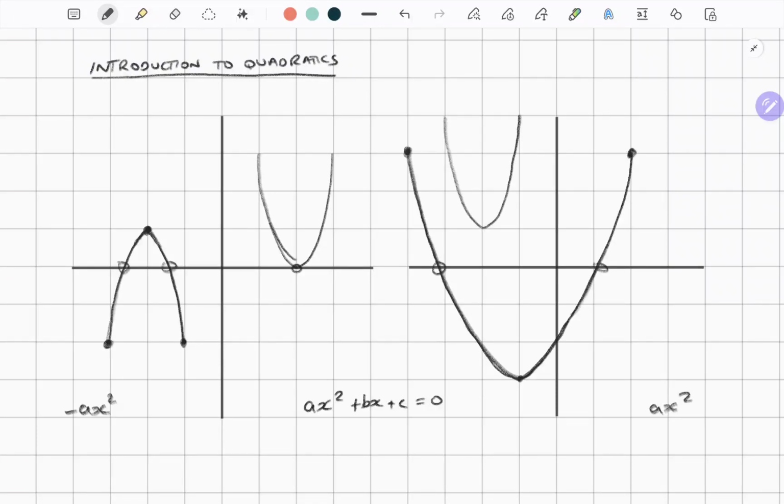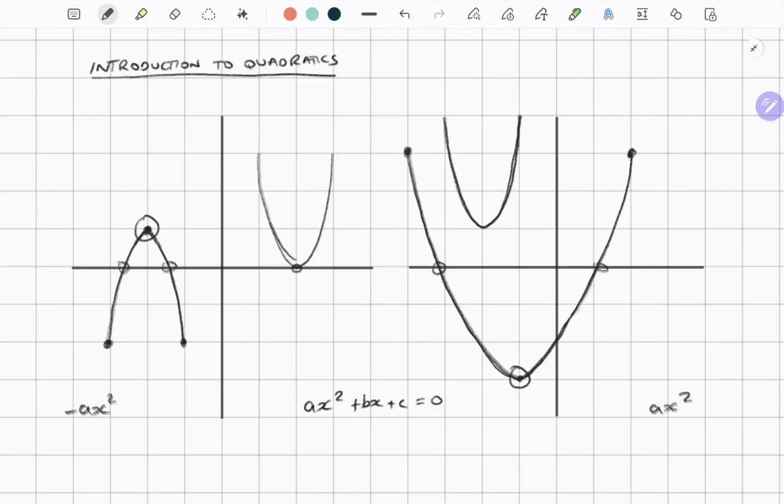So nothing on this particular graph here, this curve that I've just drawn doesn't pass through the x-axis, so that would have 0 intercepts. The highest point, or lowest point in this case, would be known as the vertex.